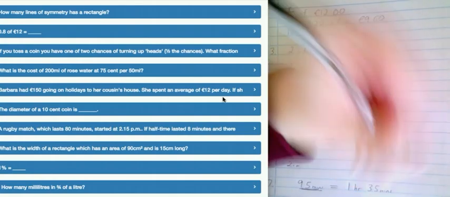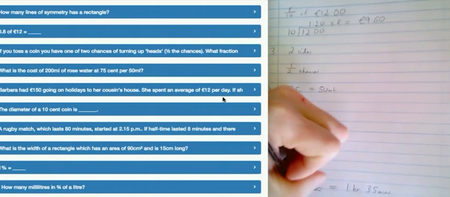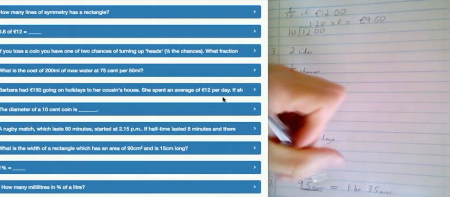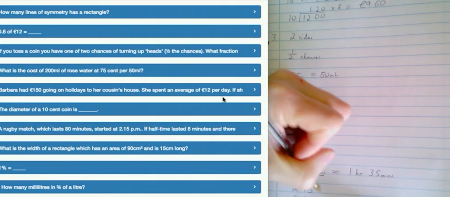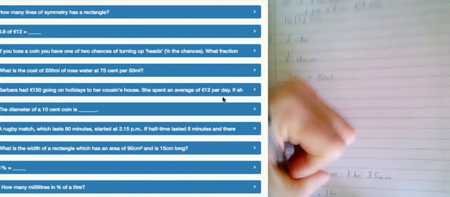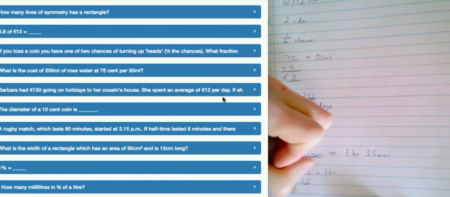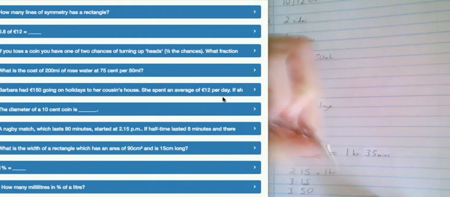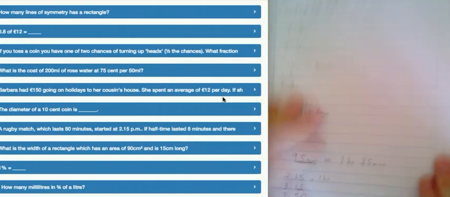So we must add 1 hour 35 onto 2:15. If we add the hour, we bring it up to 3:15. And now we can add our 35 minutes onto the 15, and that brings it up to 3:50. So the game finished at 3:50 p.m.